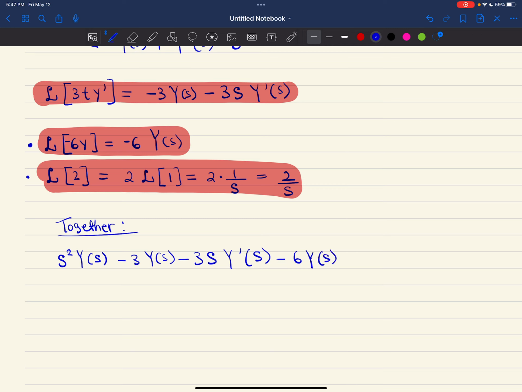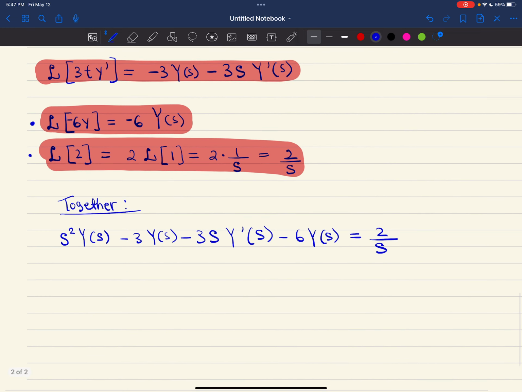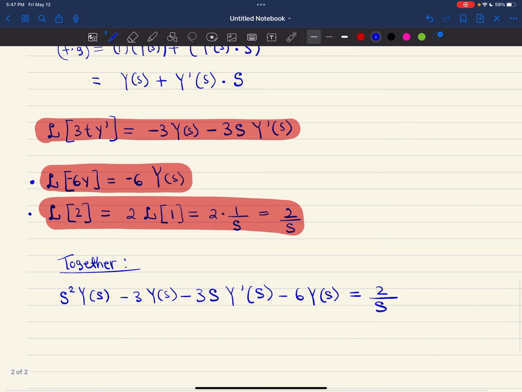Then we're just going to set that equal to 2 over s. Let's make sure we have everything covered: s squared big Y of s, minus 3 big Y of s, minus 3s big Y prime of s, minus 6 big Y of s.